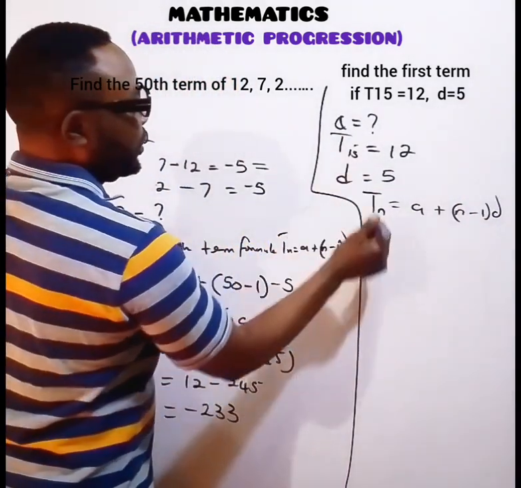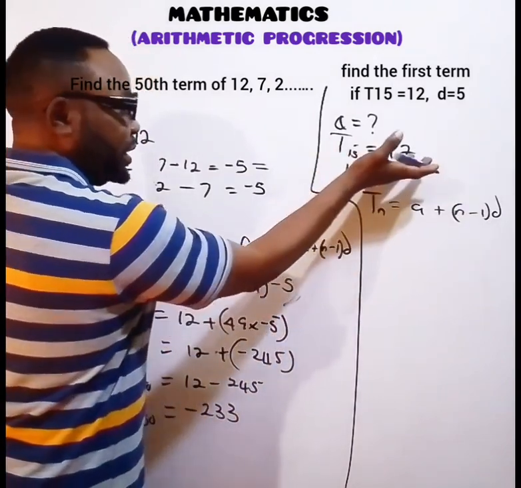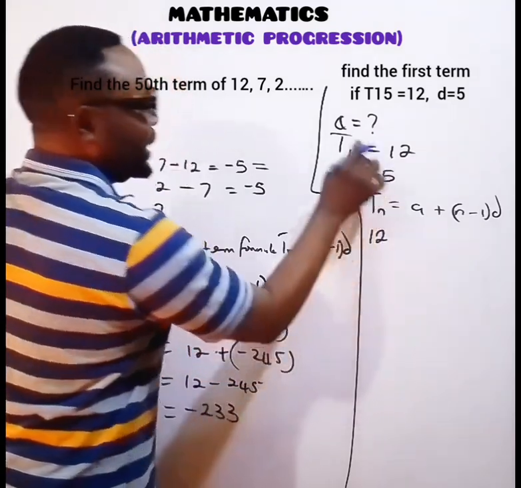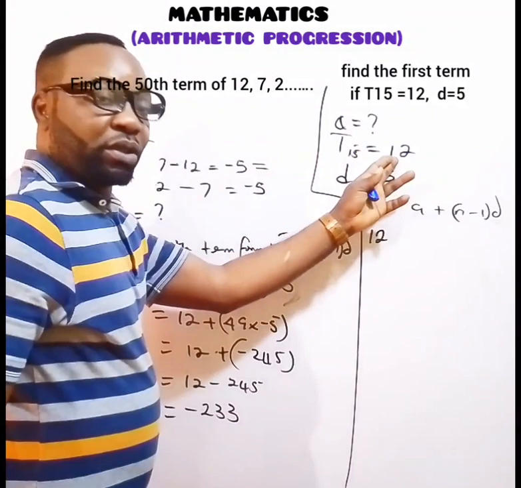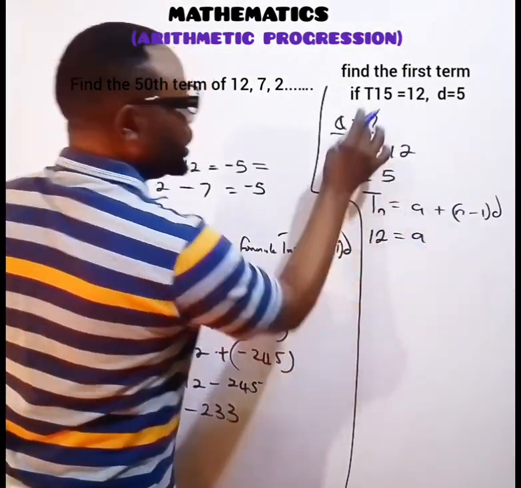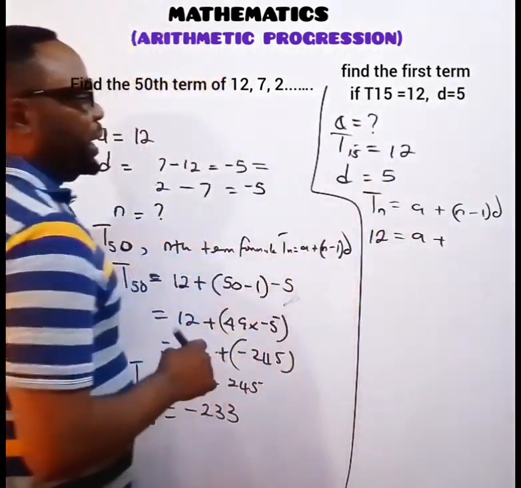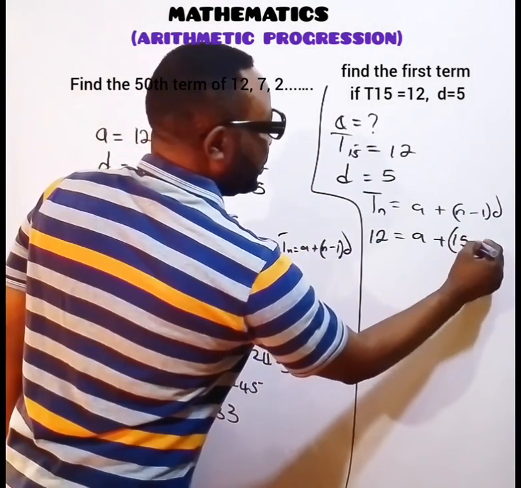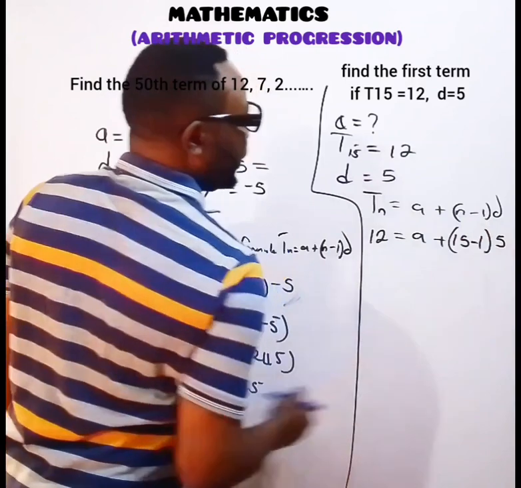Then here we have all those expressions. The value here is the 15th term. So we can now say that 12, which is the value of the 15th term given to us, is equal to a, which is not known, plus n, which is 15, minus 1 in bracket of d, which is 5.